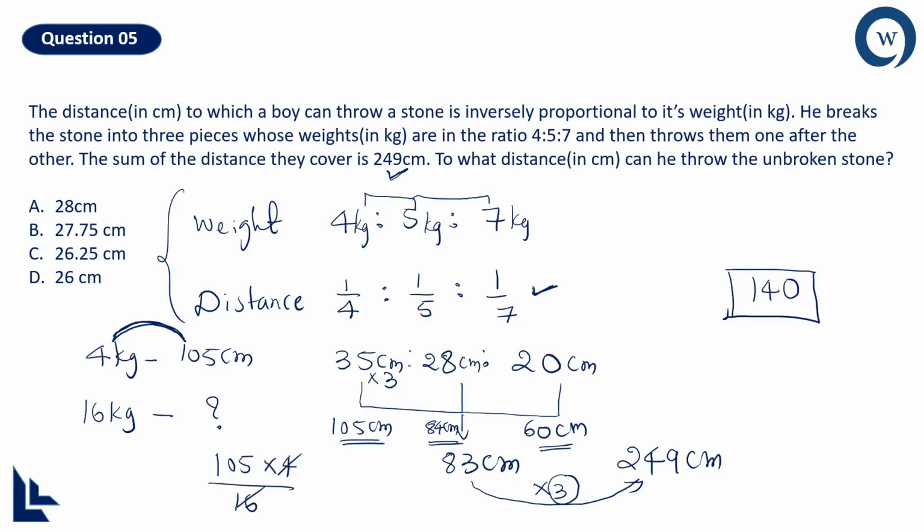That's the answer. 4 ones are 4, 4 fours are 16, so 105 divided by 4. If you don't know how to do this, you can do like this. 100 divided by 4 will give me 25. And 5 divided by 4 will give me 1.25. That is 26.25. So that's the answer to this question, option C.